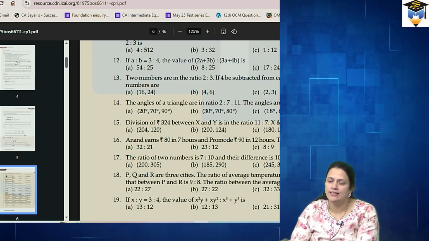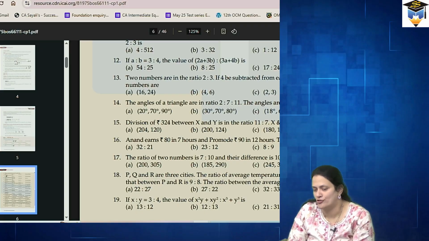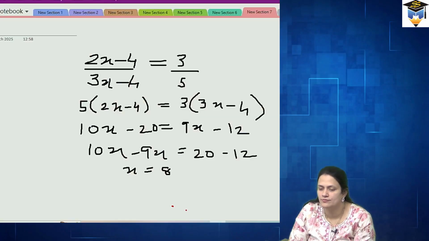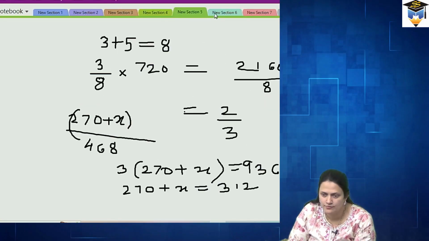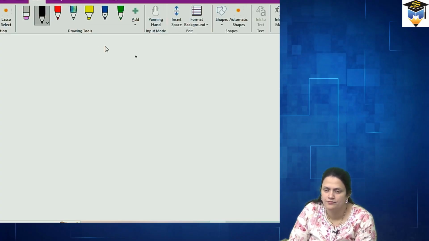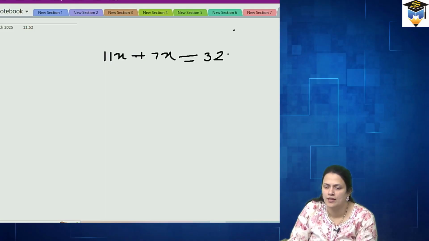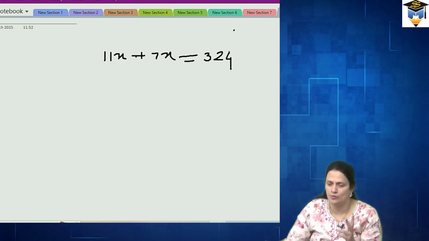So who was going to tell 15? Kimaya. So division of rupees 324 between x and y is in the ratio 11:7. X and y would get rupees how much? Add both. 11x plus 7x is equal to 324.